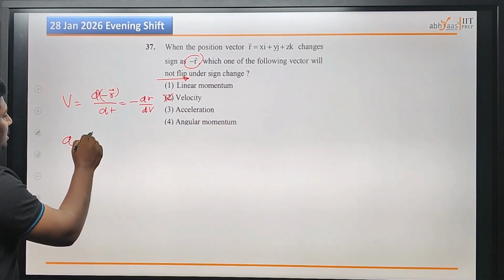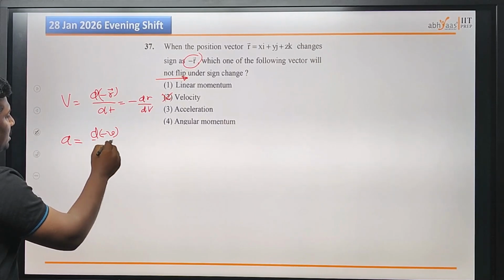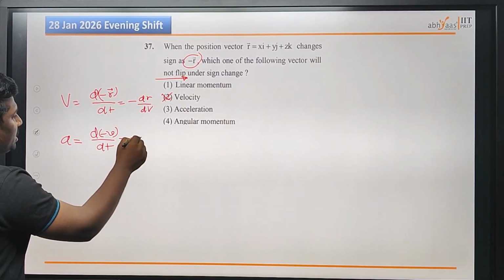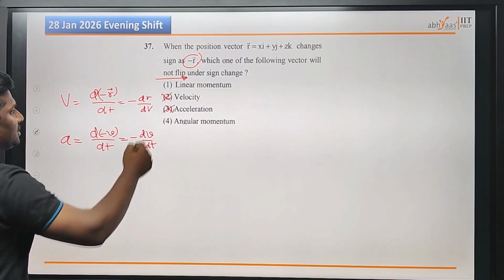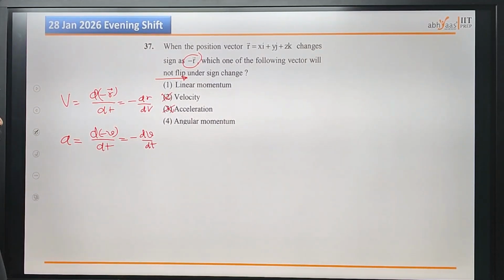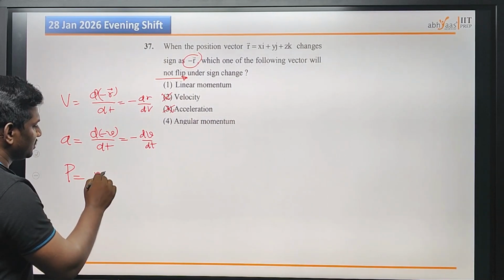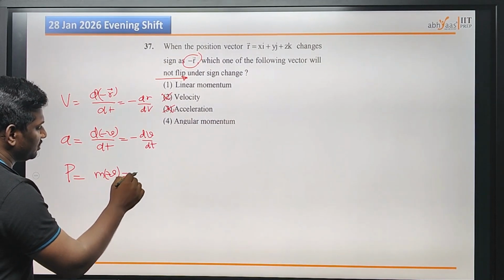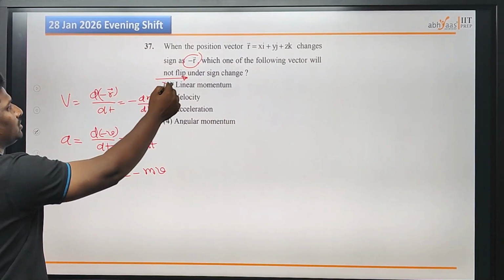Acceleration can be written as dv by dt, that is minus v. We have already taken that, so minus dv by dt. This is also not our answer. What about linear momentum? Linear momentum can be written as mass into velocity. That is negative m, so you will get minus mv. This is also not possible.